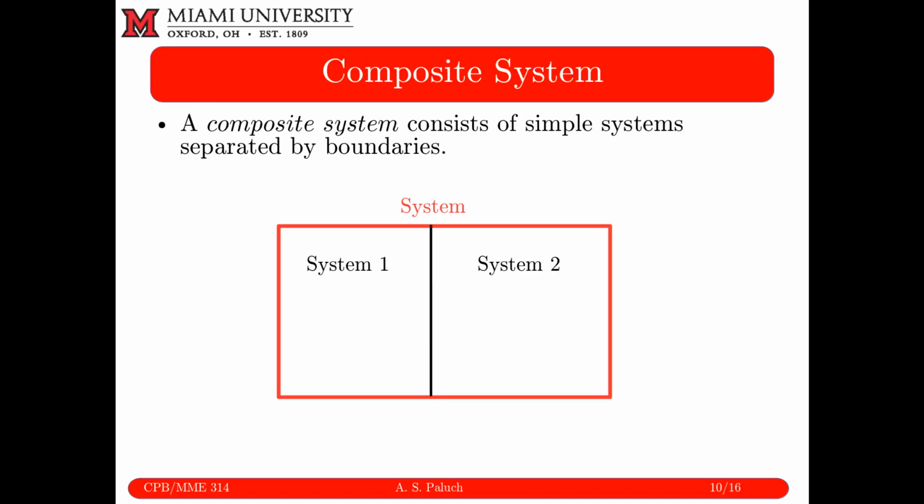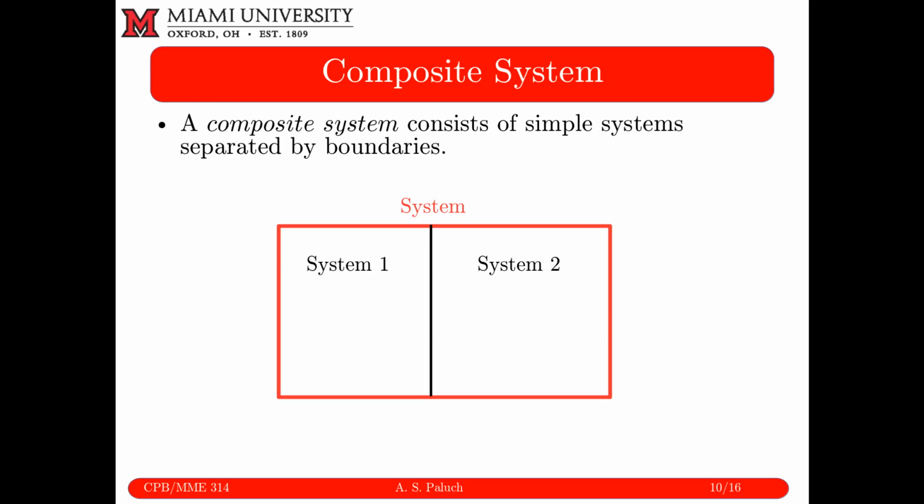A composite system, on the other hand, is compared to a simple system. There could be a physical boundary. This is where I can define my system as being composed of two distinguishable phases. Think about a system at vapor-liquid coexistence in a beaker.